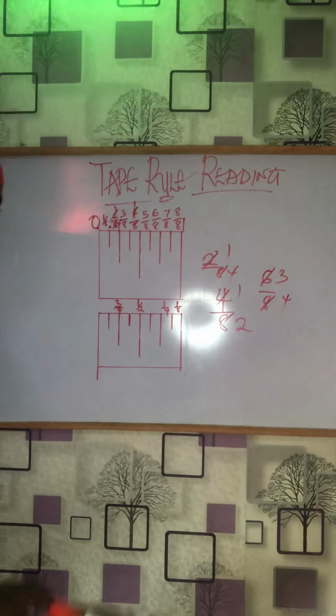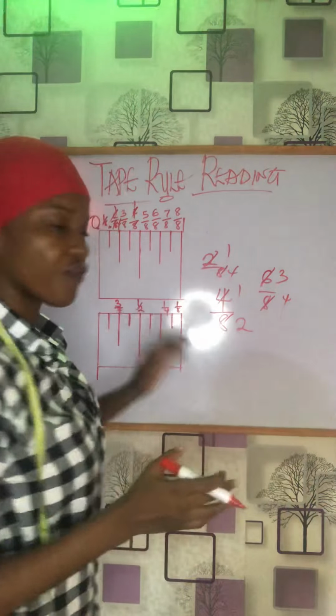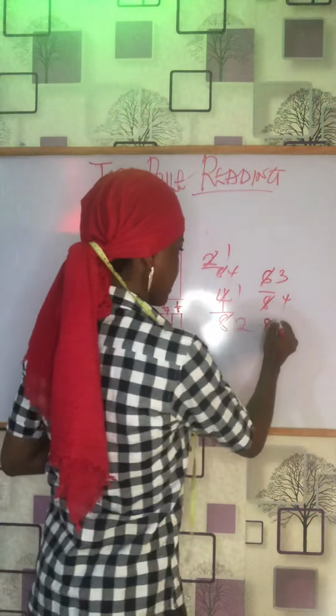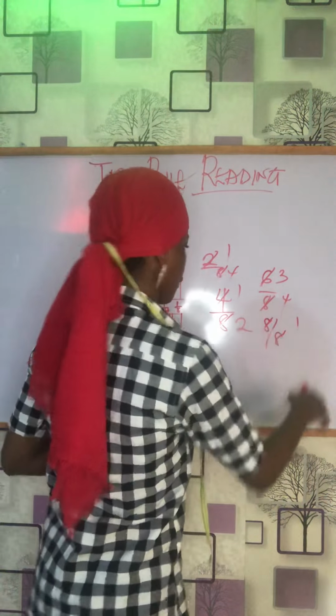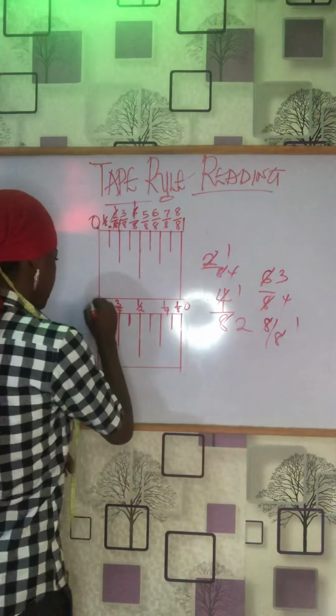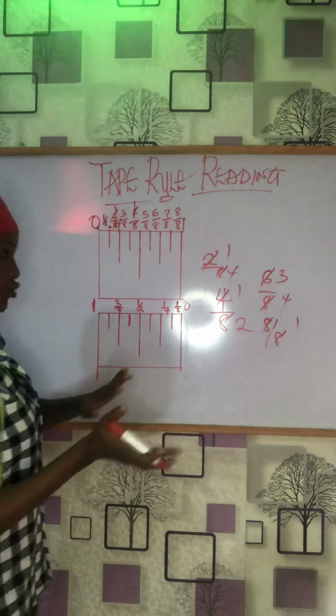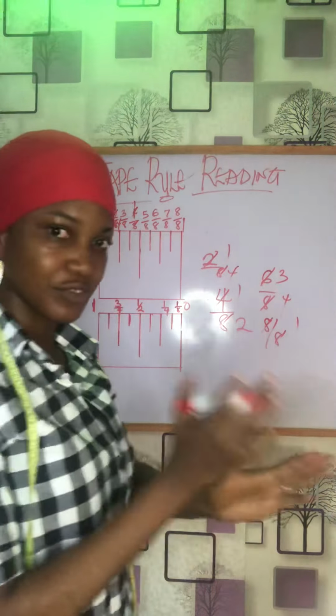I don't know if you understand. Then 7 over 8, we can't do that. 8 over 8, that is 8 divided by 8 will give me 1. This is 0 and this is 1. That's number 1. You can actually read your table.